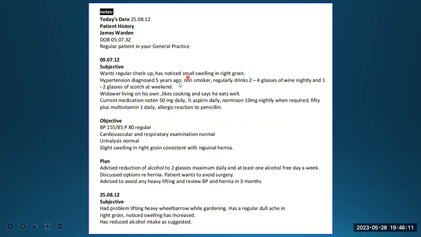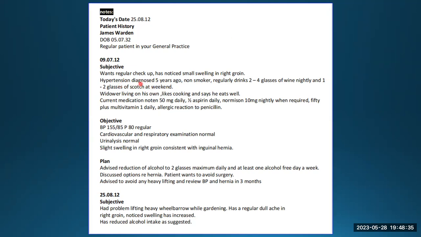Okay, so this is the first visit. What I will do is look at whether the information is relevant, semi-relevant, or irrelevant. For example, he is here for a regular checkup. Yes, relevant. Presenting a plan, definitely this is relevant. Now his history has started. He has hypertension.